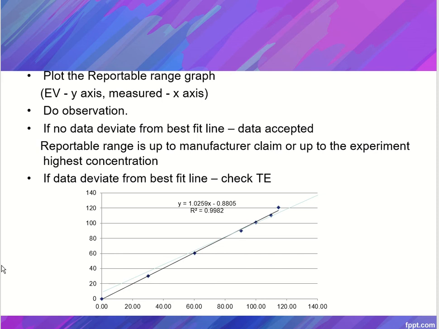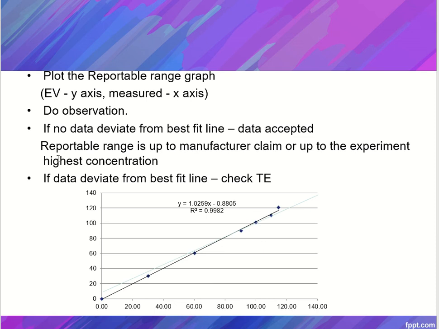Plot the reportable range graph, with the expected value on the y-axis and the measured value on the x-axis, and do your observation. You draw the best fit line. From here, in this example, I draw my best fit line. Do the observation. In this observation, actually the data does not deviate from the best fit line, so all the data are accepted.